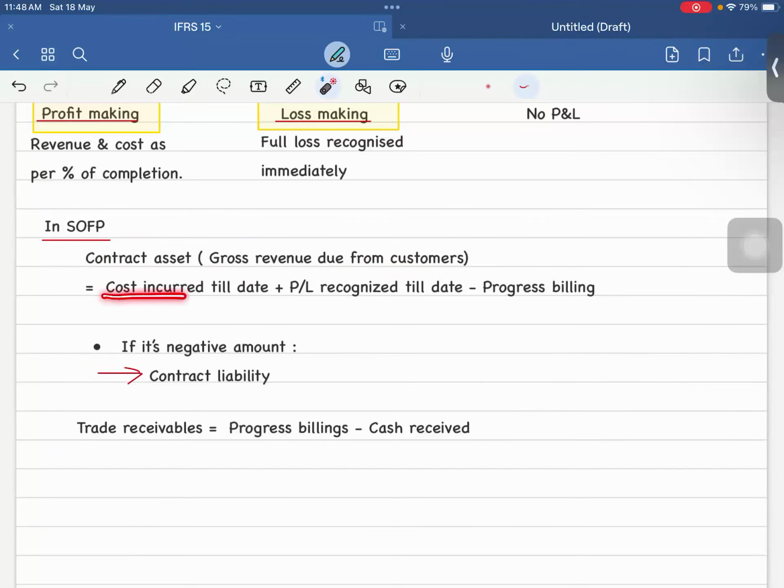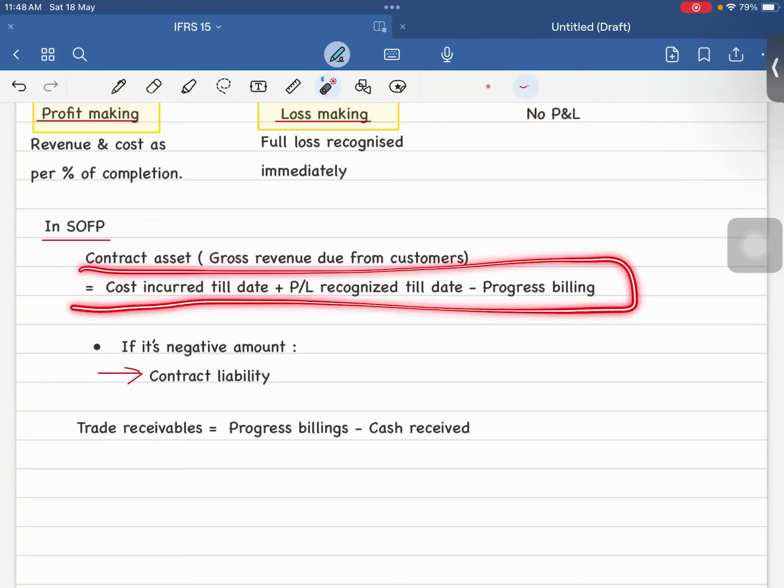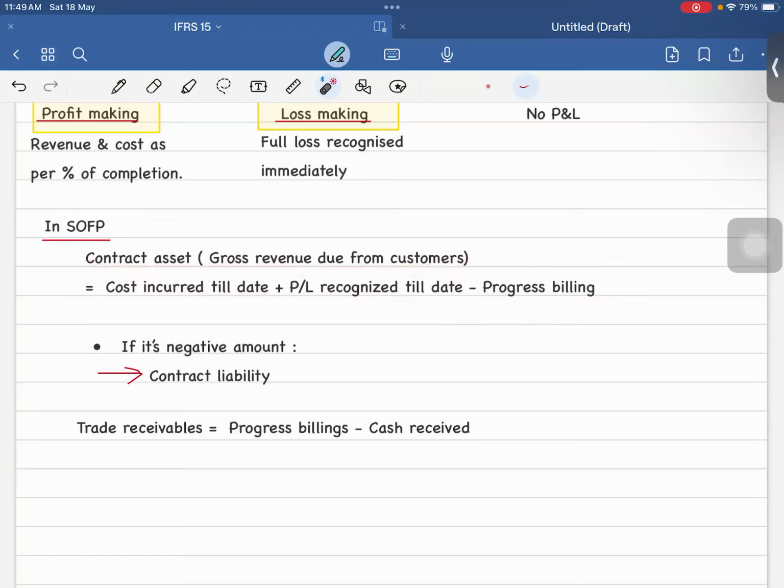You take the cost incurred till date, add the profit or loss till date, and if there are any progress billings that the customer has paid, you deduct that, and then you have the contract asset. Now suppose you have computed this equation and the amount you got is negative. If it is a negative amount, instead of a contract asset, you have to record a contract liability. Clear? And it would be taken on the liability side of the SOFP.